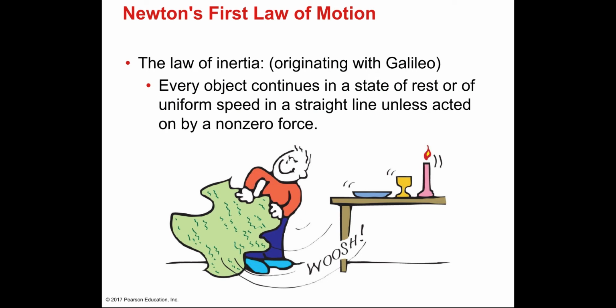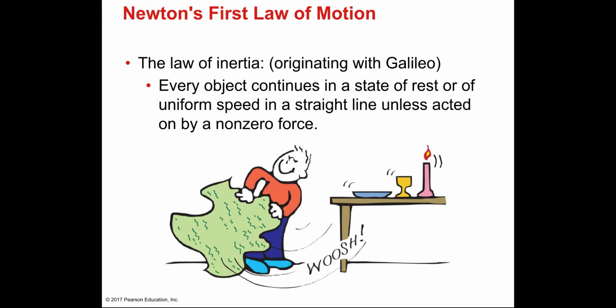Non-zero force means a net force that is greater than zero. So unless a non-zero force acts on an object, every object in a state of rest will want to remain at rest, or at uniform speed will want to remain at uniform speed.